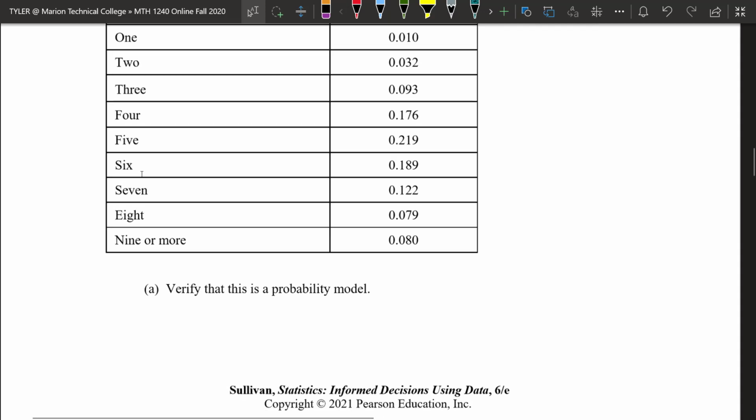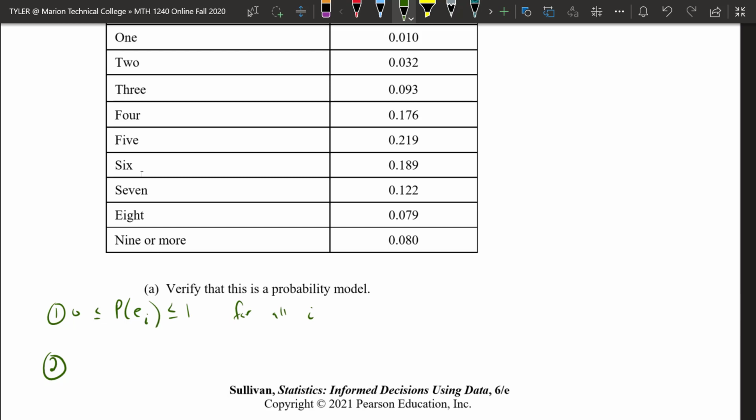Remember, to verify this, we have 2 conditions for this to be a probability model. We want the probability of each event to be in between 0 and 1 inclusive, for all i.